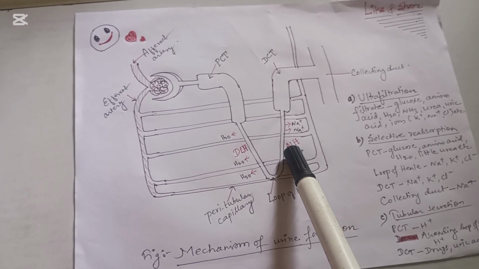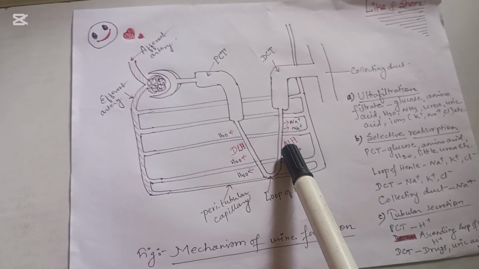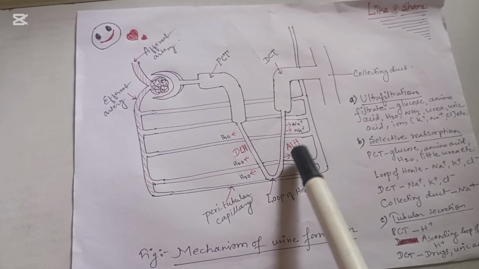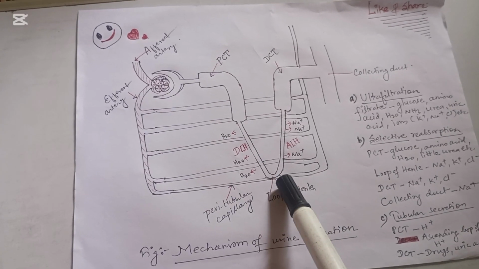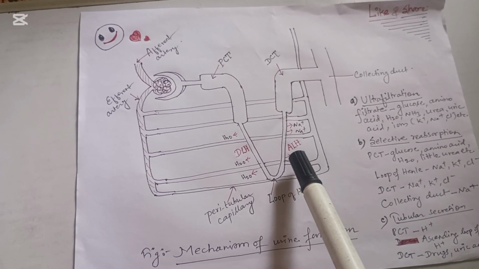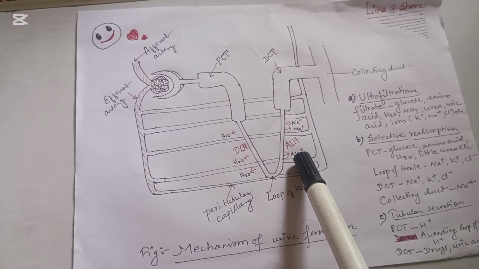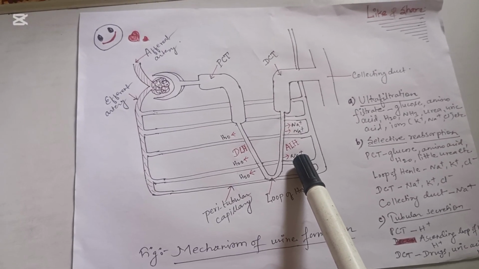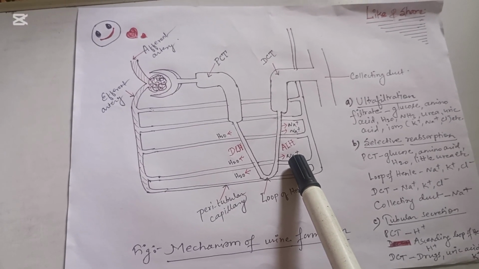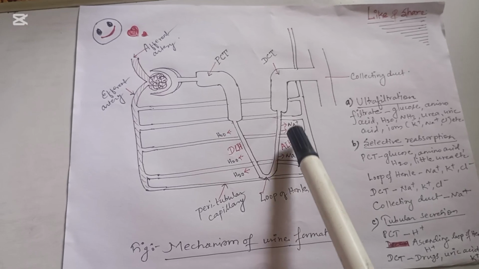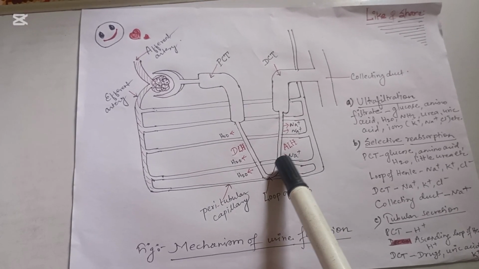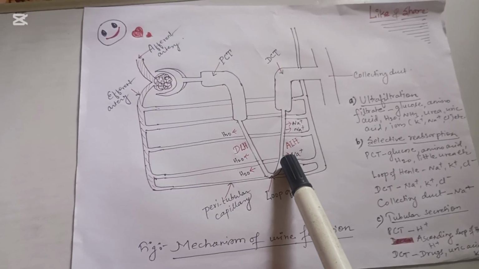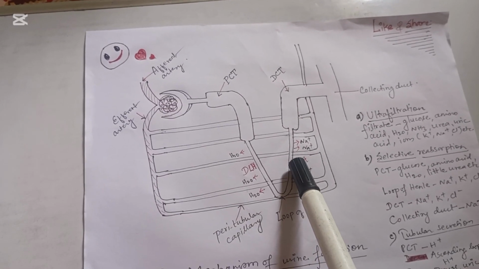As this hypertonic fluid further passes into the ascending loop of Henle, which is a little bit permeable to water, ions like sodium and potassium are released from the filtrate and further absorbed by the interstitial cells of the kidney, or by these peritubular capillaries. So in this way, the fluid still remains hypertonic in this region.